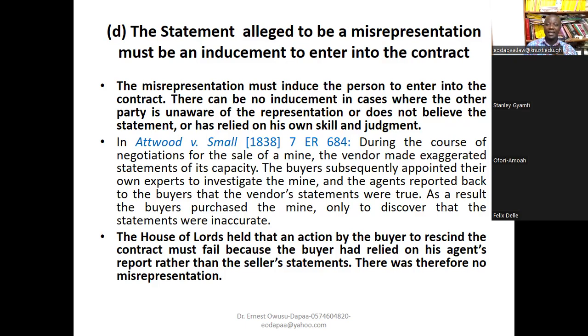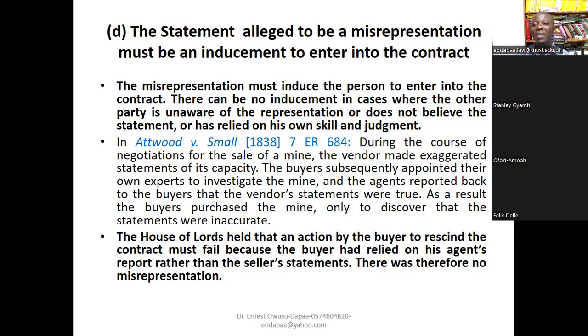So the caveat being sounded here is that if a statement of fact is made and you choose to use your own skill to ascertain the veracity of it before you proceed, then if later on that statement turns out to be false, you cannot complain of misrepresentation. So that's what they're talking about.